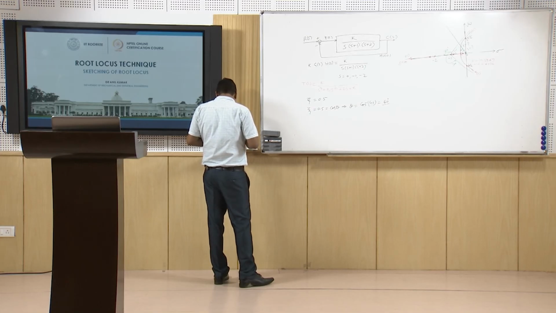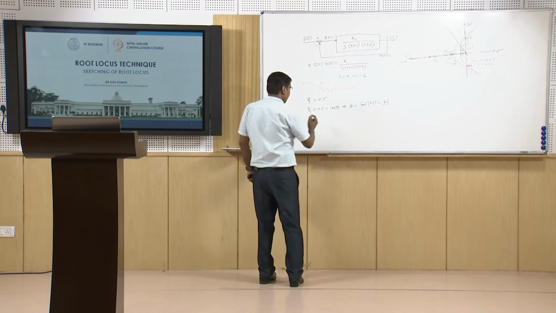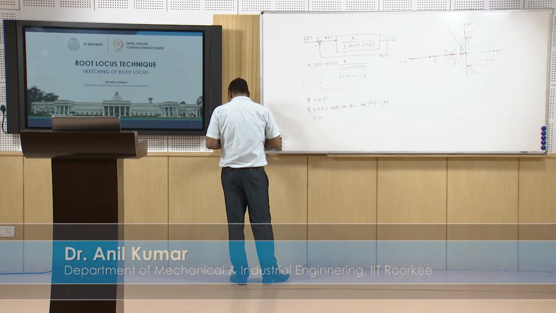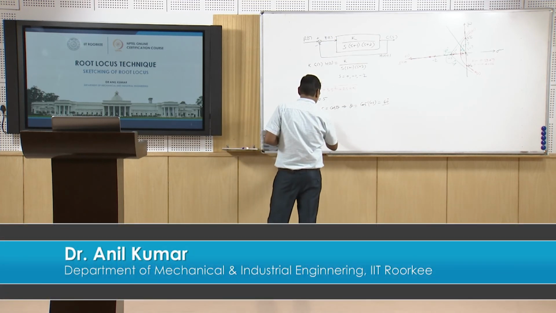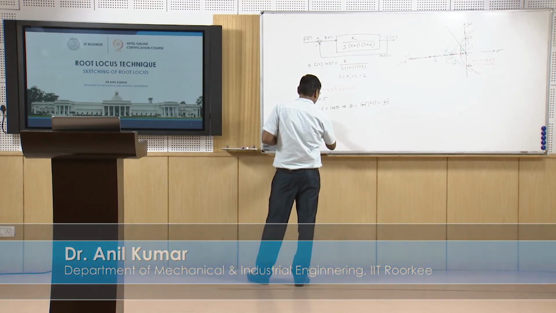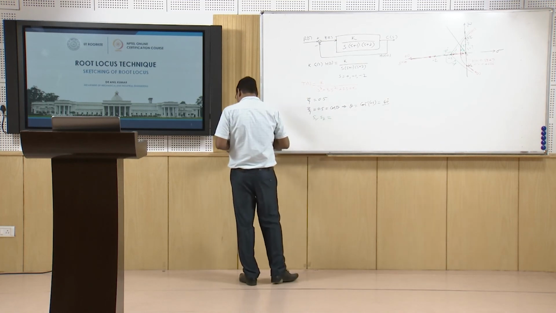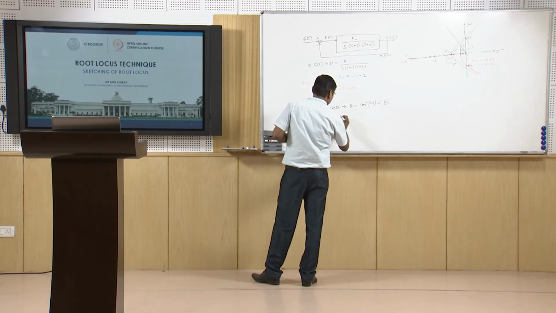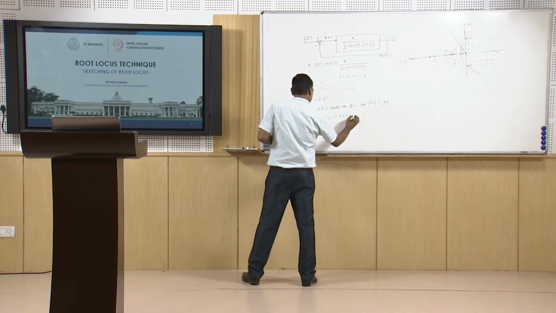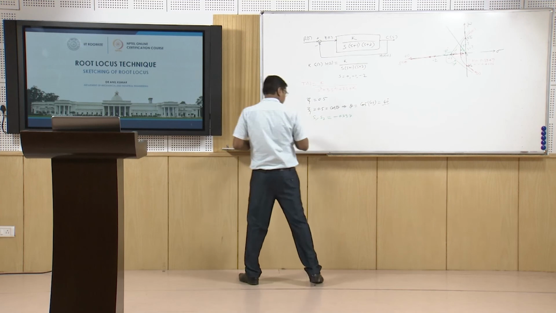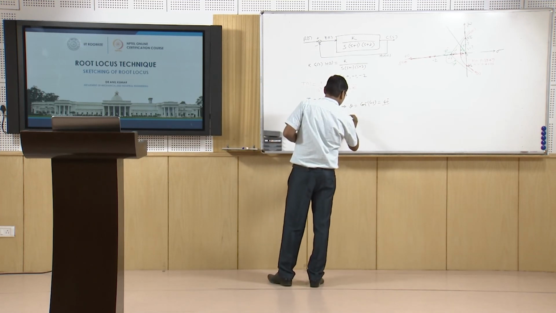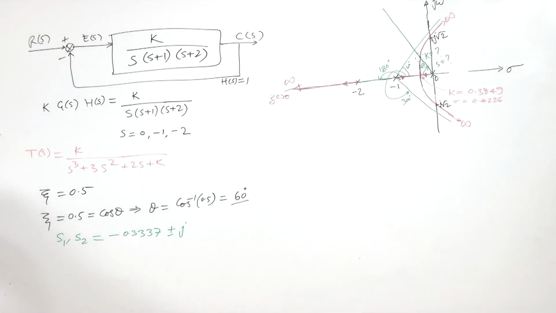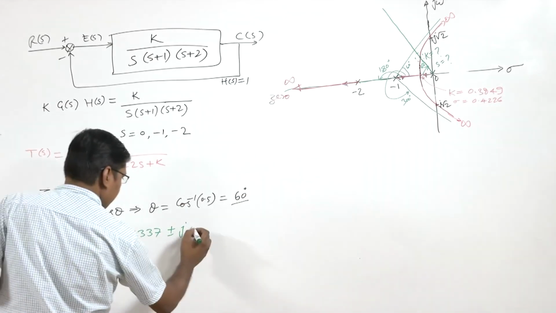And when we do this, we will get the points S1 and S2, because we will get a complex pair. That is minus 0.337 plus minus j 0.578.